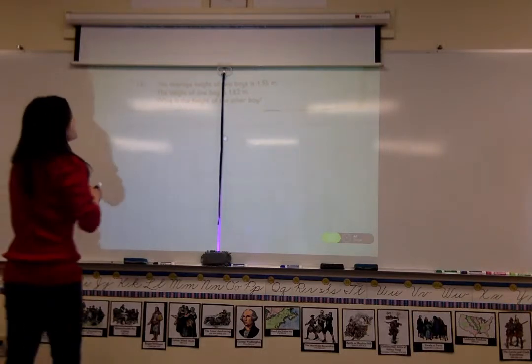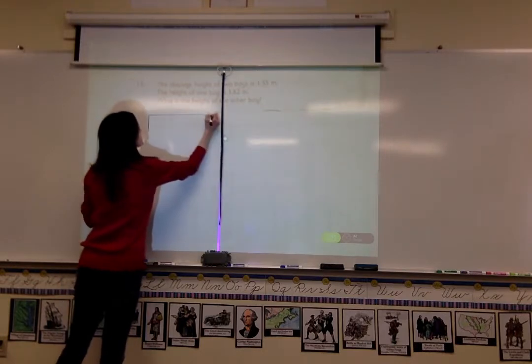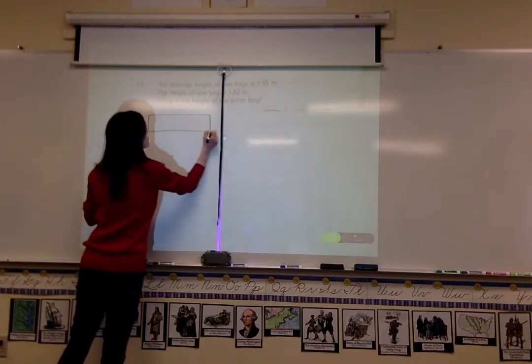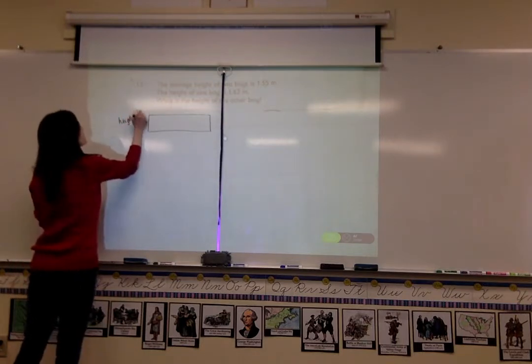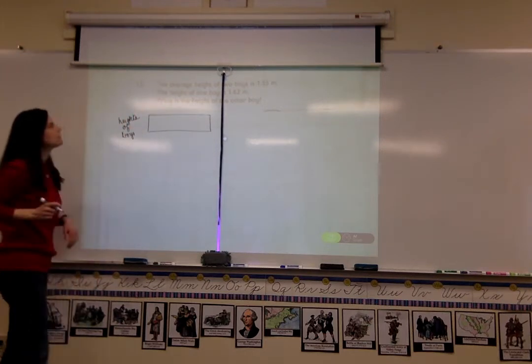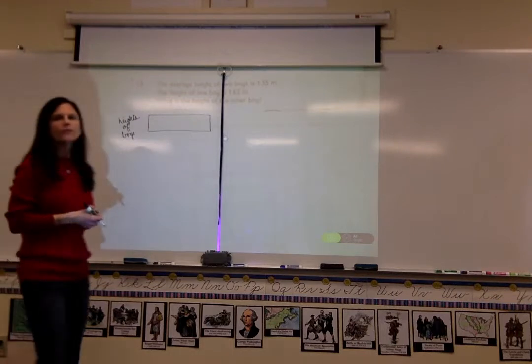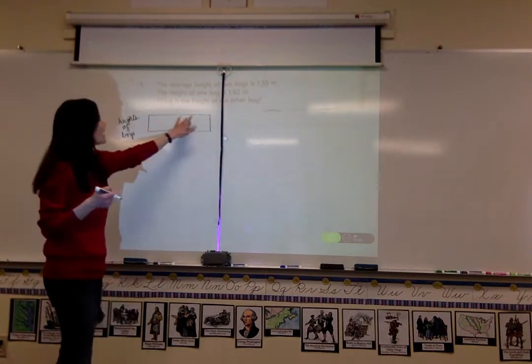So let's go ahead and draw a model for this. We're going to draw a bar, and we can say that this is representing the heights of boys. Okay, so we know that they're not the same height, and there's just two boys, right? So we can divide this bar in two.